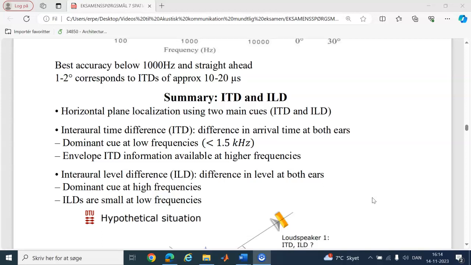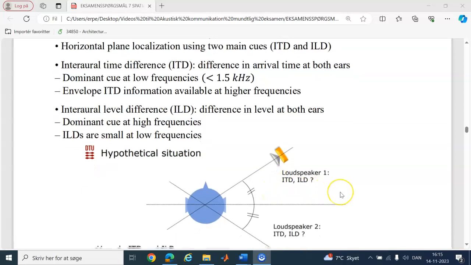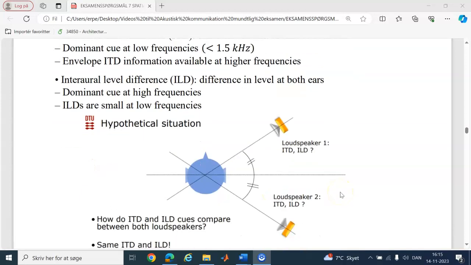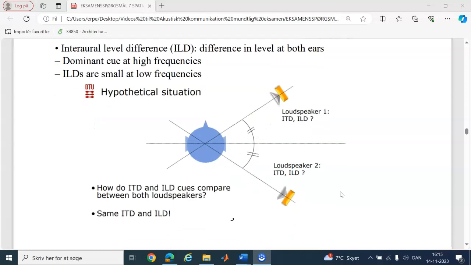Interaural level difference, ILD, is the difference in level at both ears, a dominant cue at high frequencies because of less diffraction. ILDs are small at low frequencies because of big wavelengths and much diffraction.